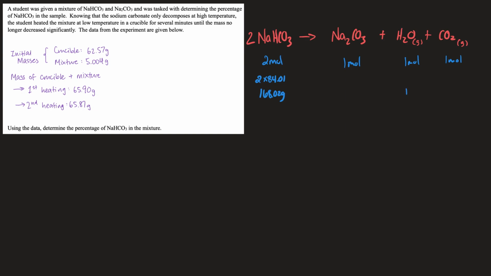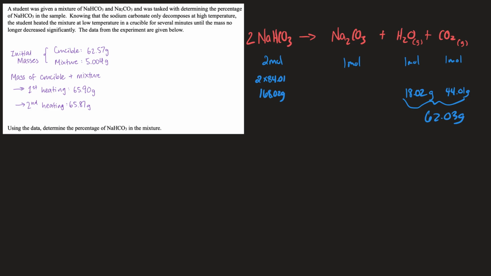So let's just focus in on the water, 18.02 grams, and the carbon dioxide, 44.01 grams. Those numbers are just the molar masses of water and carbon dioxide. Adding those two together, since that would be the mass that was lost, the total mass lost here is 62.03 grams.